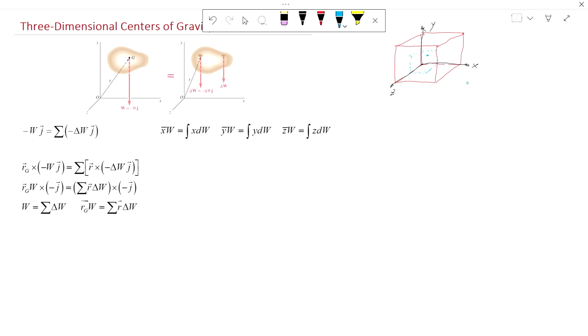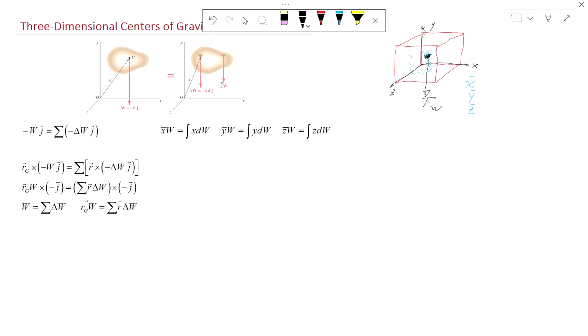That is the center of gravity. Why is it so important? Because then we can have the force or the weight of that body applied to that center or centroid, and then we can have moments with respect to any point or axis that we want.